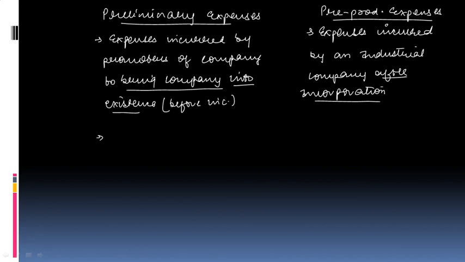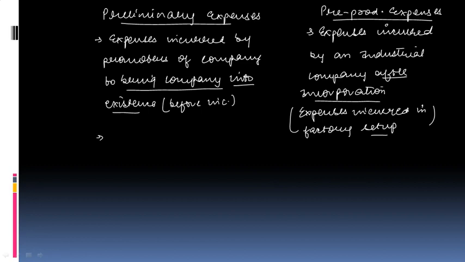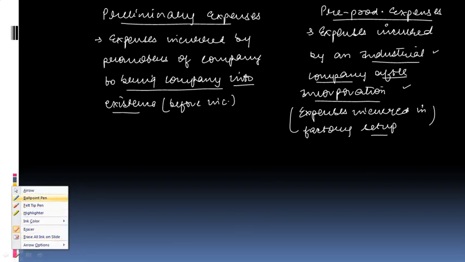These are particularly the expenses incurred in factory setup. I'm talking about the industrial company. The second difference is after incorporation. Got it, my dear student?